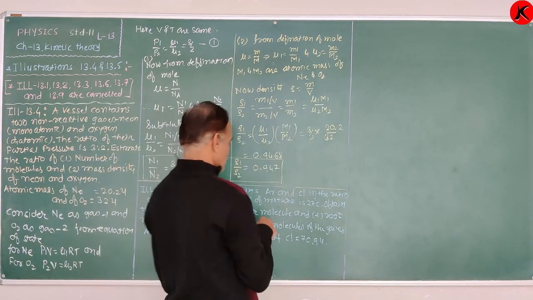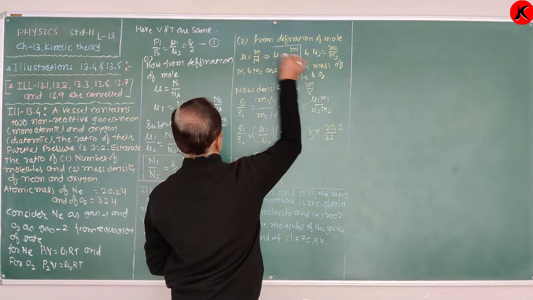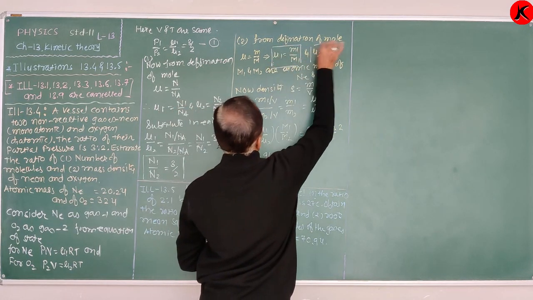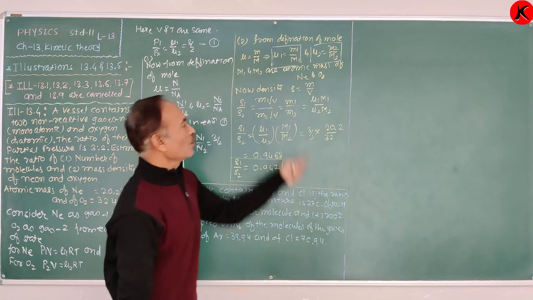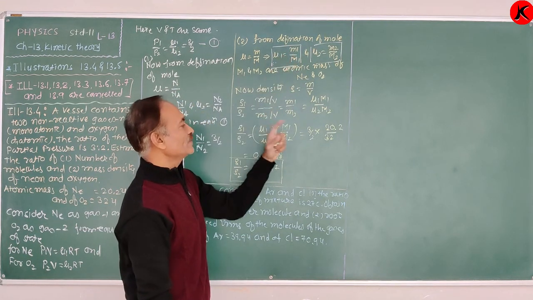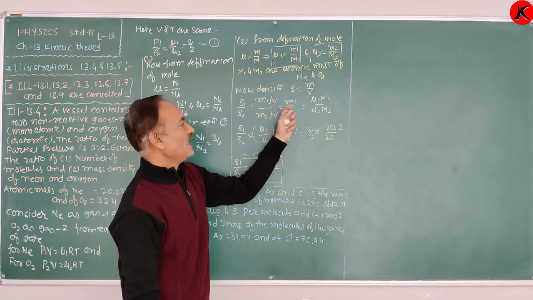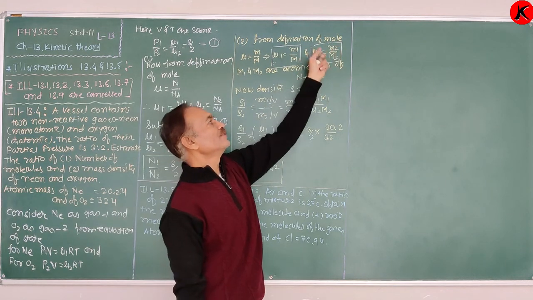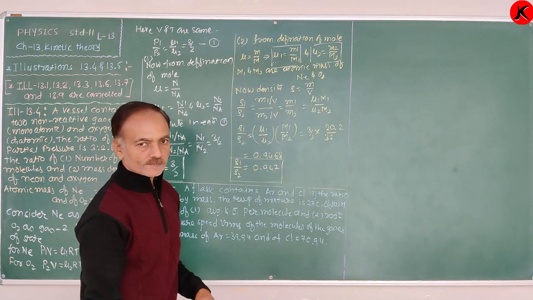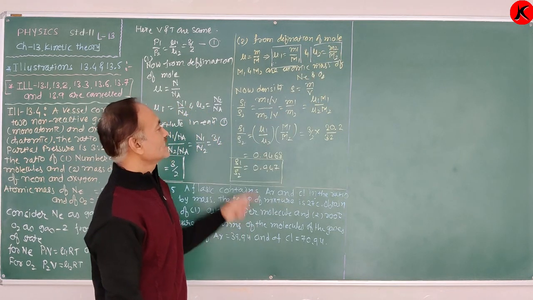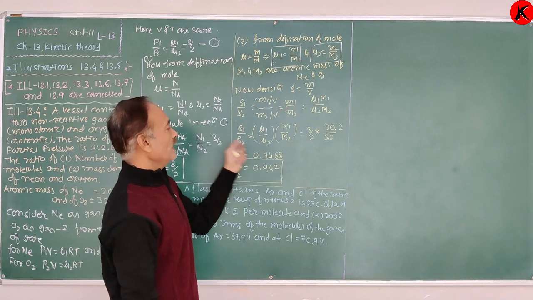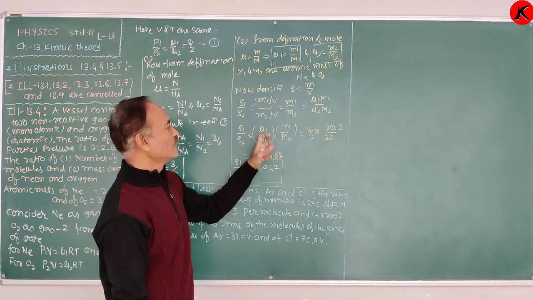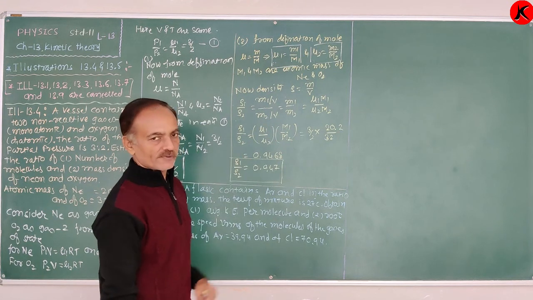Now, from the equations of mu1 and mu2, small m1 is equal to mu1 into capital M1, and small m2 is equal to mu2 into capital M2. Substituting here, ρ1 upon ρ2 is equal to mu1 upon mu2 into M1 upon M2.